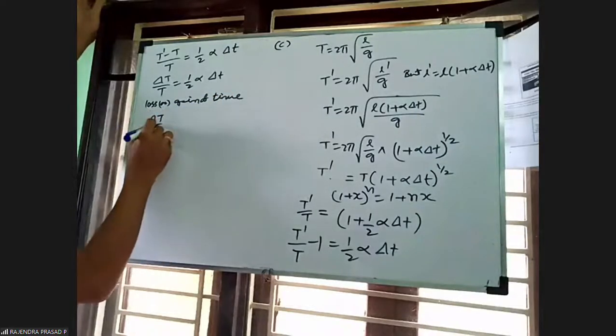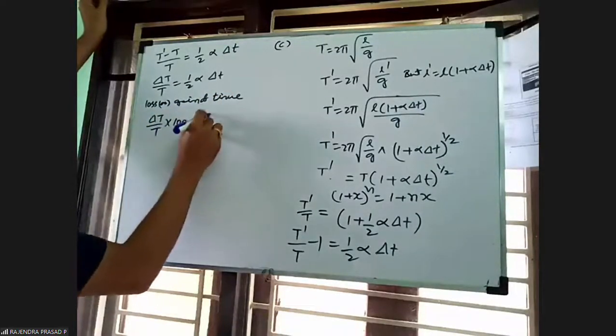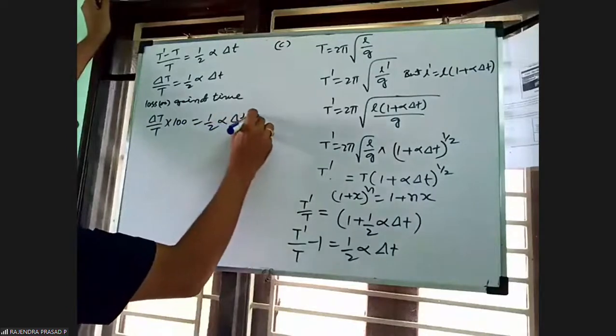So delta T by T into 100 equals 1 by 2 alpha delta T into 100.